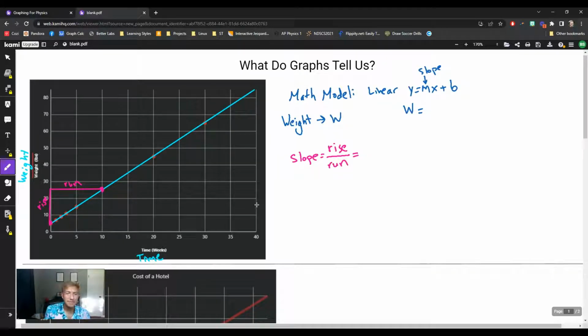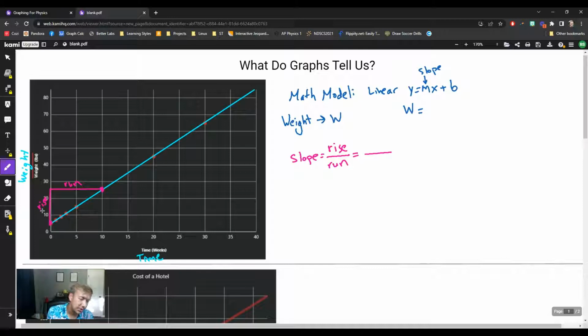It's very tempting for people, particularly with Graphical Analysis, to look at the grid boxes and go, okay, there's 1 and there's 2, that's my run, and my rise is about half here, 1, and another half, so 2. Well, that's not the case, because those boxes don't represent how many weeks have passed for the run, or how many pounds have changed in the rise. So we need to look at the numbers.